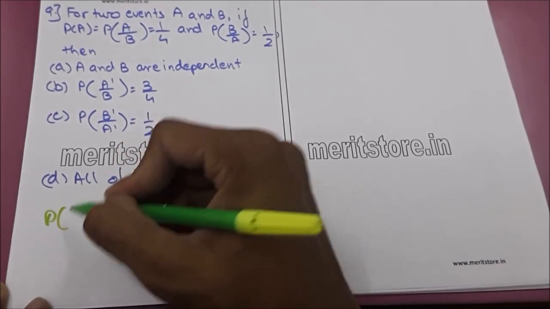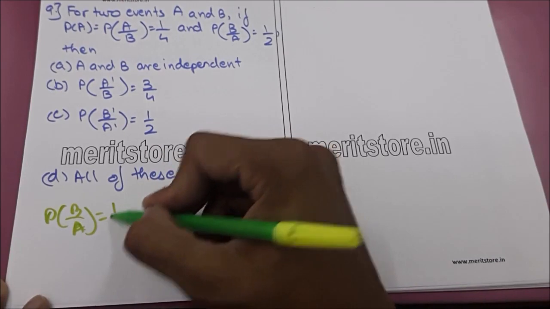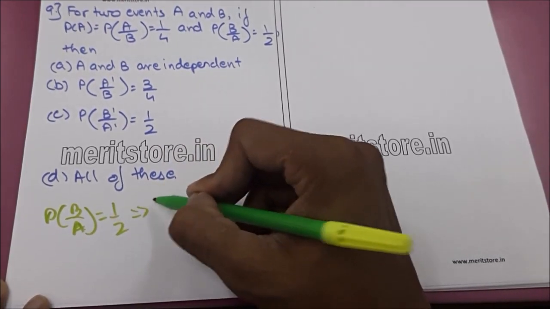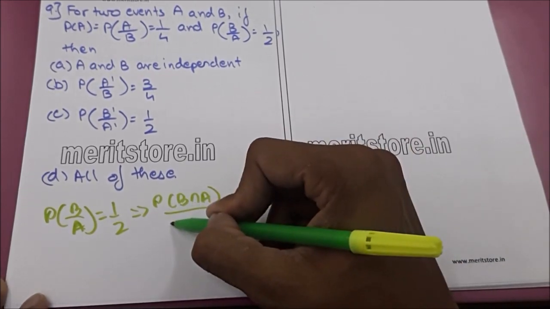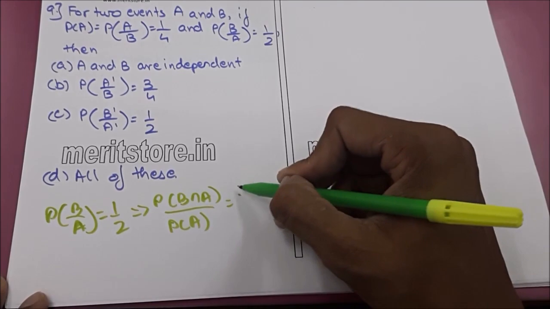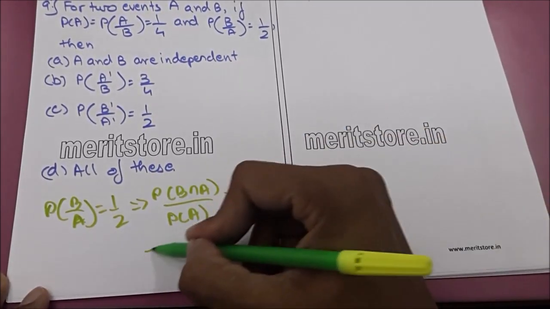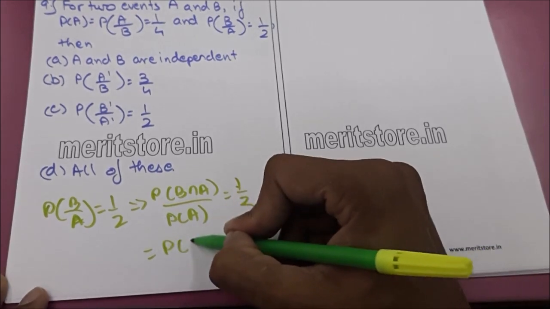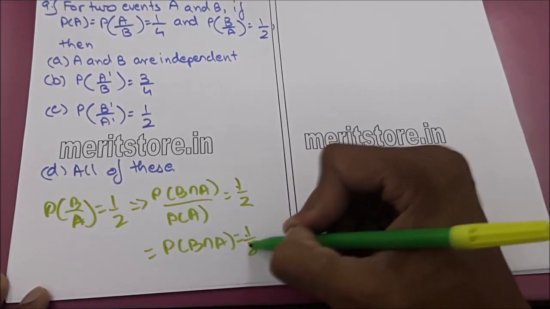We have P(B given A) is equal to 1 by 2, which we can write as P(B intersection A) upon P(A), which is equal to 1 by 2, which we get as P(B intersection A) is equal to 1 by 8.